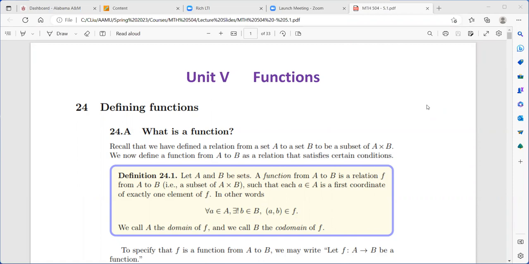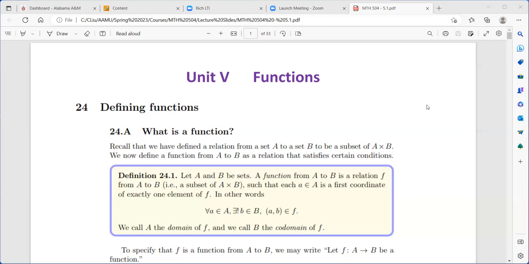Everything you have learned is true, but we have to use a little different language, for example, the language of quantifiers. We just covered logic in the last unit, so we can use that symbolic logic in the definitions and in functions in this topic.